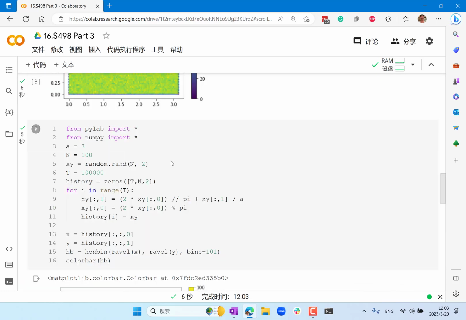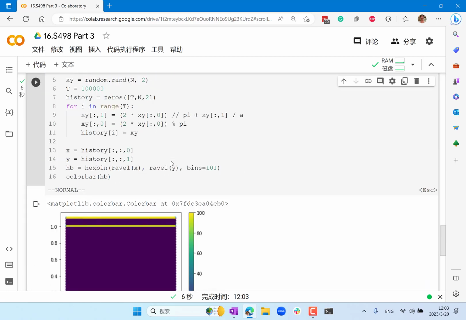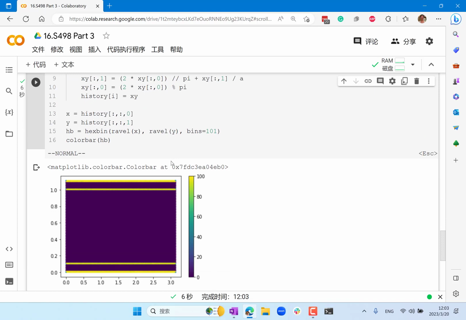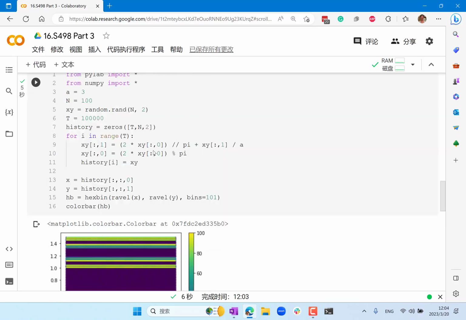Can somebody summarize the difference between this distribution, with the increasingly negative Lyapunov exponent, and this one? The y part is going to 0, while the x part just goes back to the sawtooth map where it's uniform. Yeah, so the x direction doesn't seem to be changing much, right?